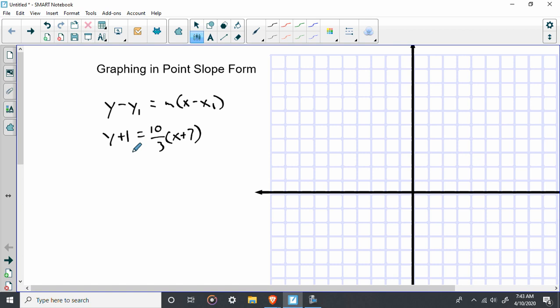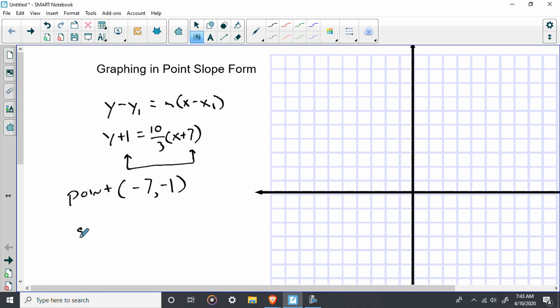So all you have to do, these two right here, these are your point. Since it's plus here and plus here, you have to flip the sign. This is the x coordinate, but flip it, so positive 7 becomes negative 7. This is your y coordinate, positive 1 becomes negative 1. That's your point.